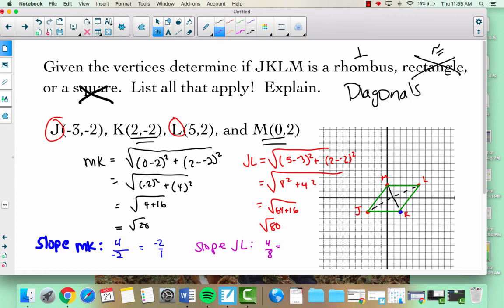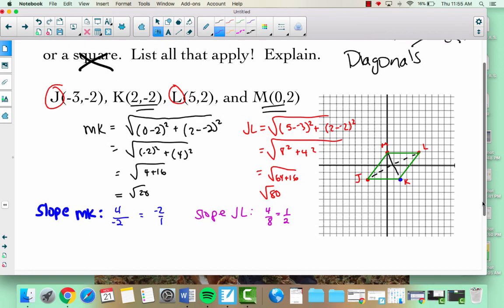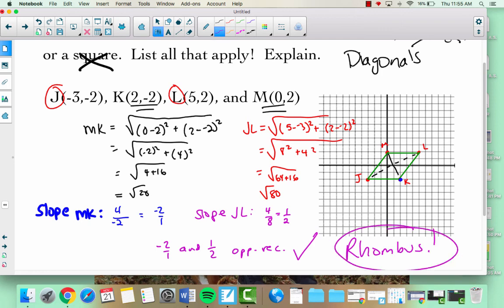And if I reduce that, I get 1/2. So notice that my two slopes here, negative 2 over 1 and 1/2, they are opposite reciprocals, which means that it is a rhombus. Okay, because our diagonals are perpendicular.